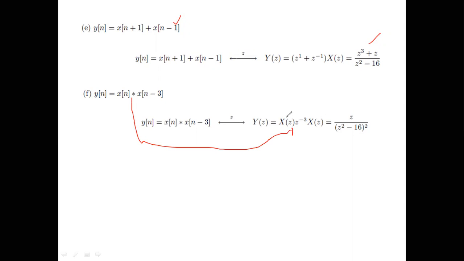X of n is your x of z, and n minus 3 gives z to the power minus 3 multiplied by x of z. It is better done by you rather than told and heard by you, so you have to work these things out at home.